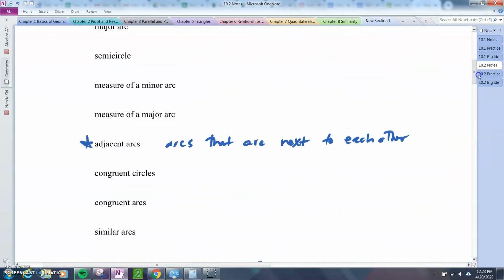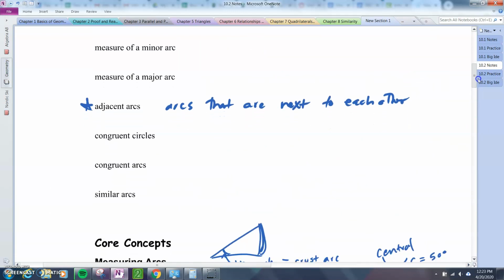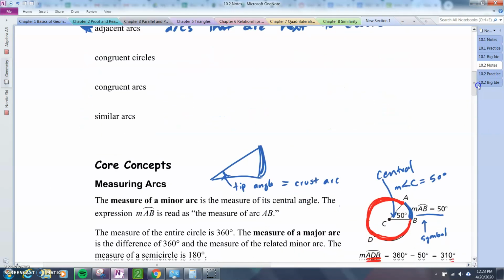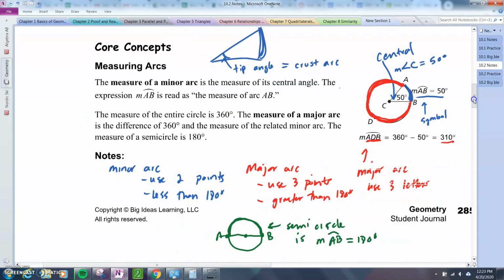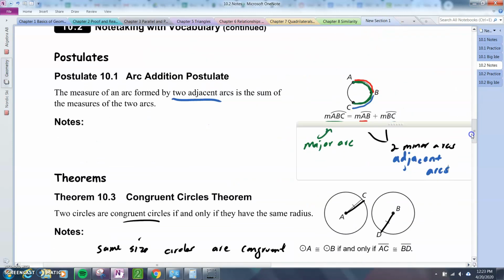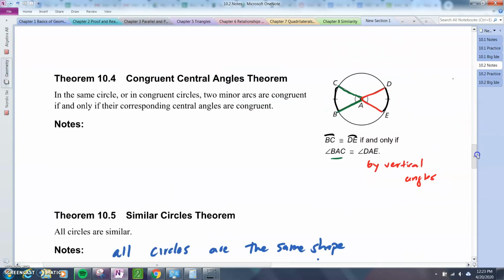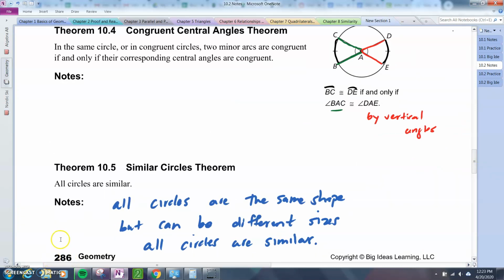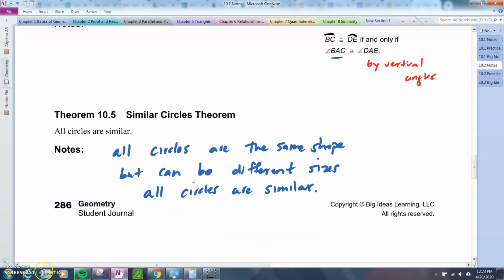Other things here too: congruent circles, congruent arcs, similar arcs. We'll go over what similar arcs look like in some examples in the next video.